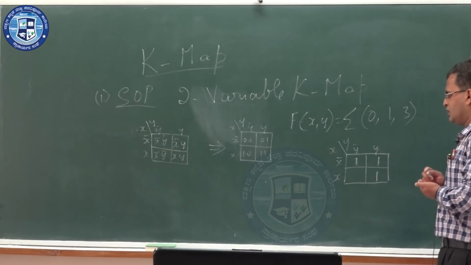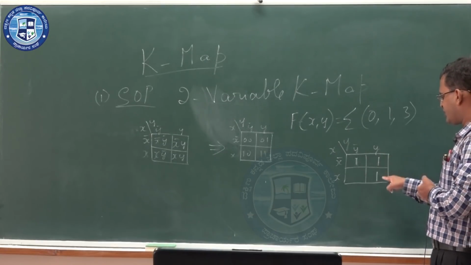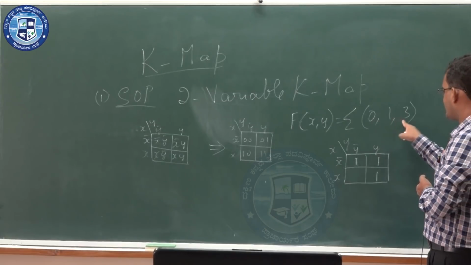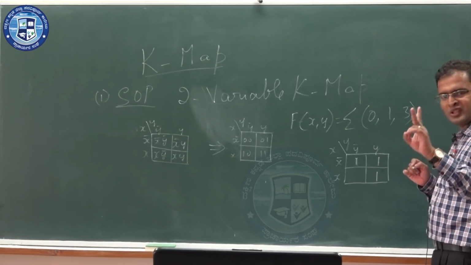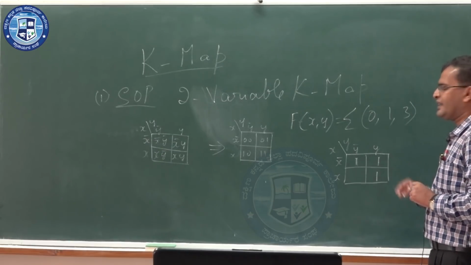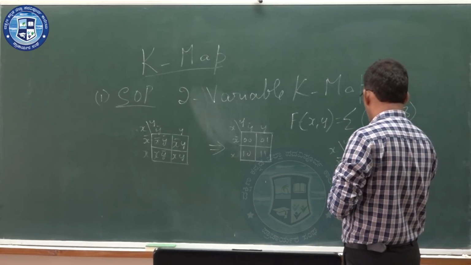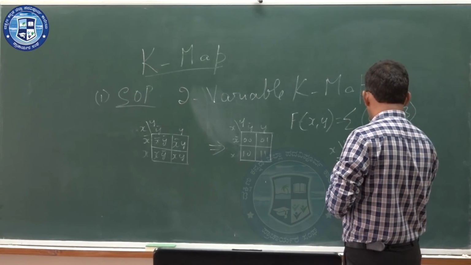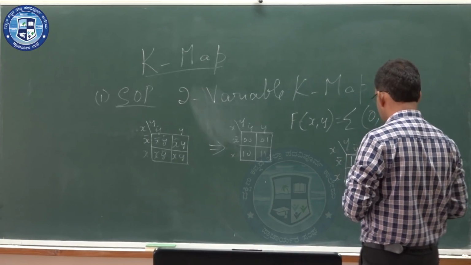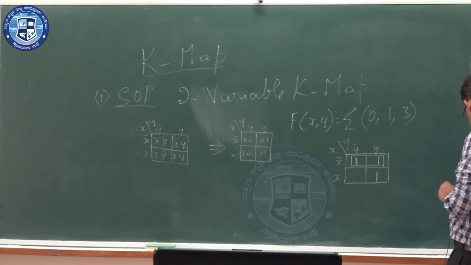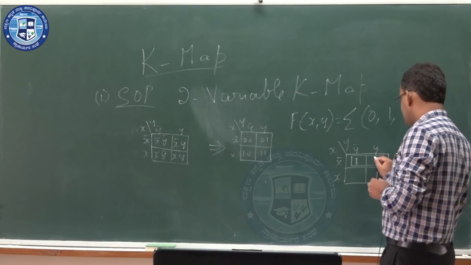Now, having written the min terms inside the appropriate squares as per the given problem, I have two possibilities here. One is pair. Now, what do you mean by pair? Pair is nothing but grouping of two bits. So, this is one pair. One more pair is here.